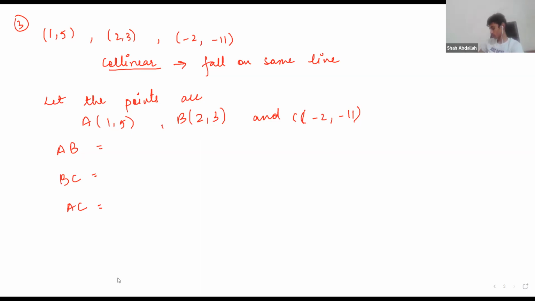Now maybe is equals to √5. Yes, okay, fine. AB is under √5.